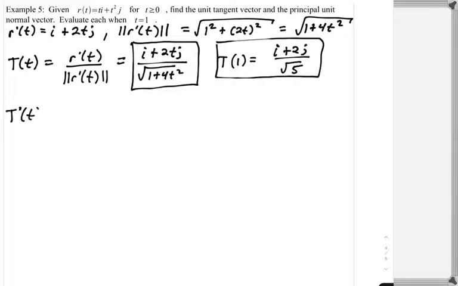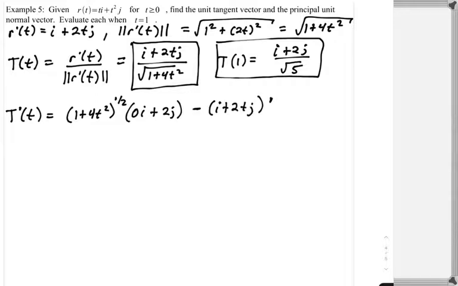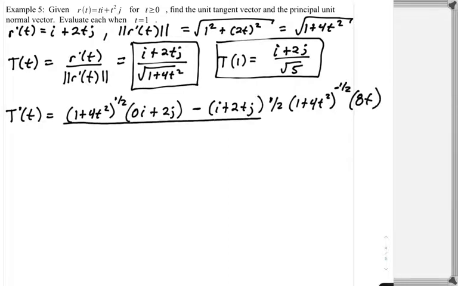So T prime of t, we're going to use the quotient rule, so it's going to be the low function (1 plus 4t squared) to the 1/2 power times the derivative of the top, which would be 0i plus 2j, minus the top function i plus 2t j times the derivative of the denominator, which would be 1/2 (1 plus 4t squared) to the minus 1/2, and then times 8t by the chain rule, and then all over the denominator squared, (1 plus 4t squared) squared.